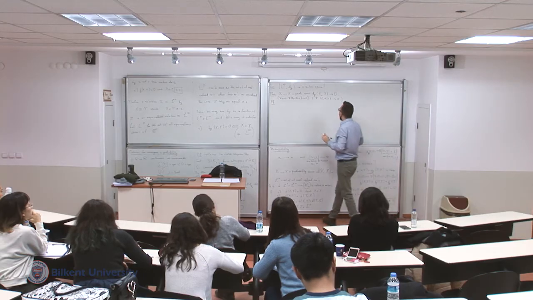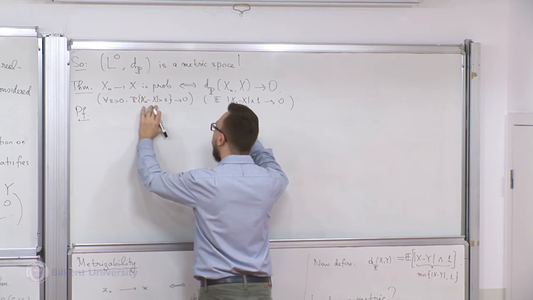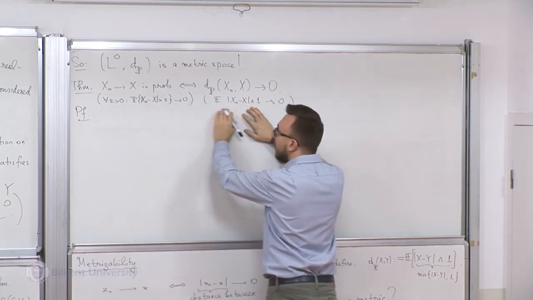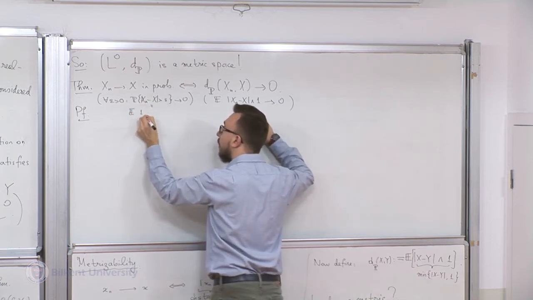The nice thing is that both have xn minus x in absolute values. This is in expectation, this is in probability, but I can see it as an expectation, right?